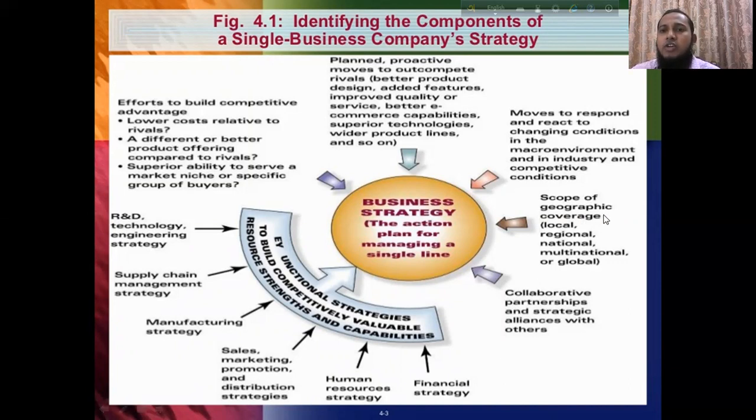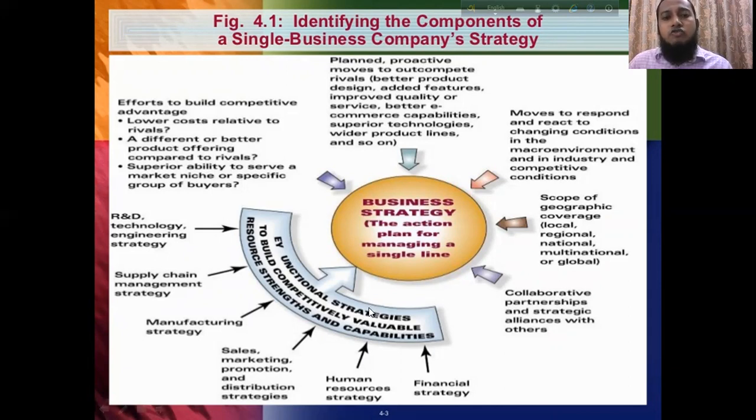Scope of geographic coverage: a single business company can operate their business activities locally, regionally, nationally, even sometimes globally. Moreover, a single business company can operate their business by making a joint venture, collaboration, or they can make a strategic alliance, strategic partners with others.